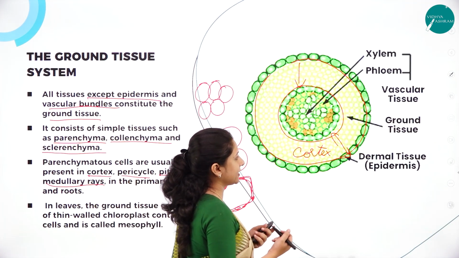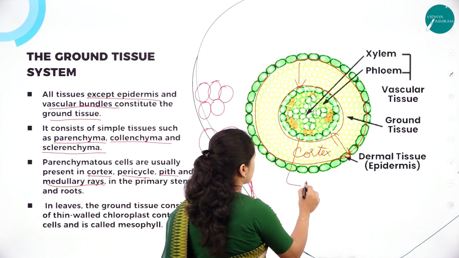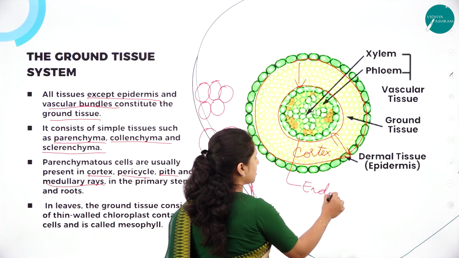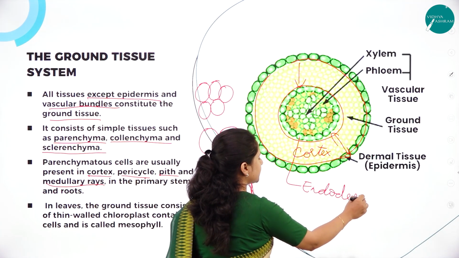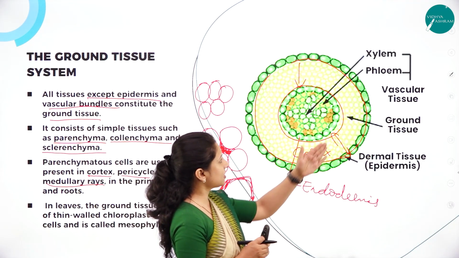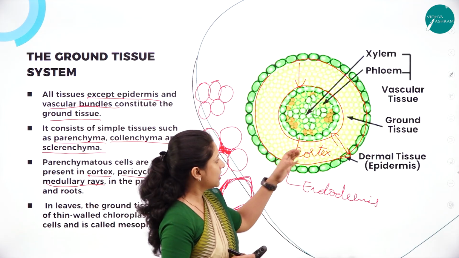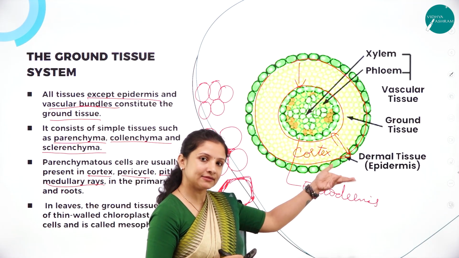And usually the pericycle. Now the pericycle is present below the endodermis. So this is the endodermis. Endo means inside, derma means layer. So the layer of elongated parenchyma cells present inside towards the ground tissue, we call the endodermis. The other one is the outermost one, that is the epidermis.